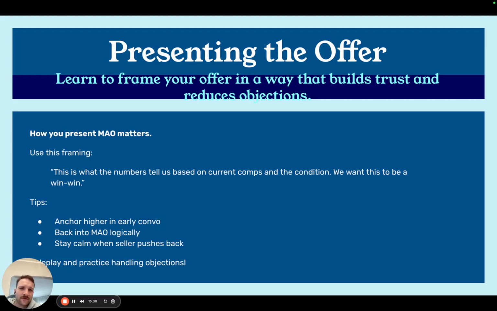And given all that information, where the team came back with for an offer was 77,243, whatever it may be. So we'll work on the presentation of the offer, but that's why we need to understand the repairs. We need to get a sense of the condition and how we present our offers based on those things.